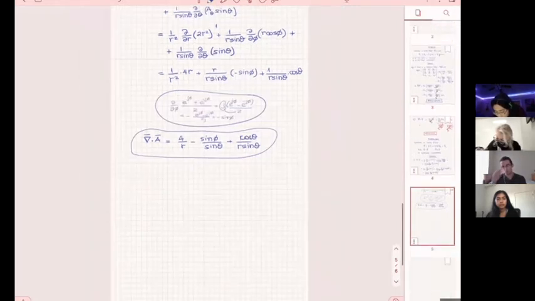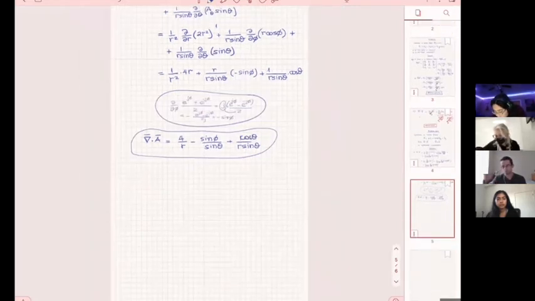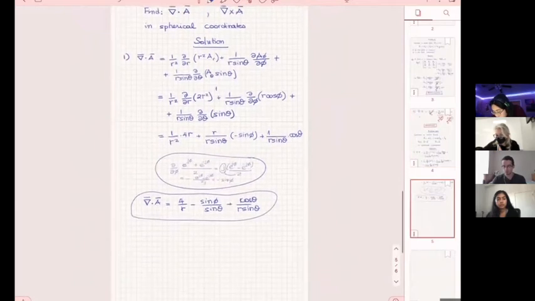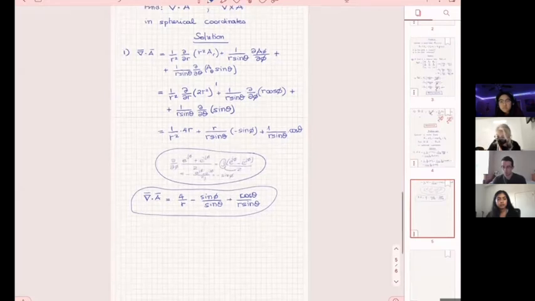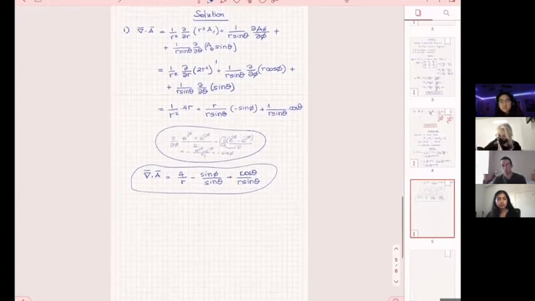I did it not because I want to give you something totally crazy, but to show you that if you follow the process carefully, you can apply it in any coordinate system. So for example, let's do the curl. Why not? We have time.